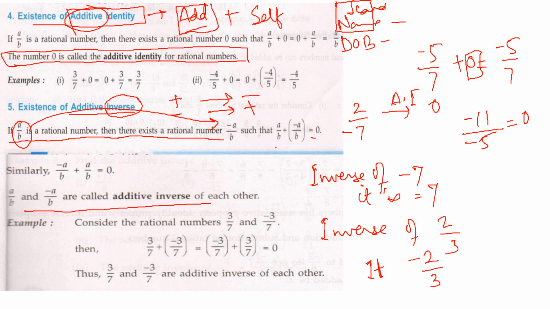Okay, so that when I add minus 7 plus 7, that is 0. When I add 2 by 3 minus 2 by 3, it is 0. So you have to remember that inverse means the sign will be changed. So 3 by 7 is the rational number given, its inverse is minus 3 by 7. Okay.